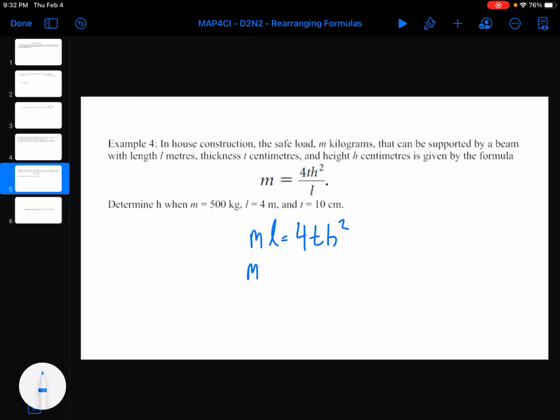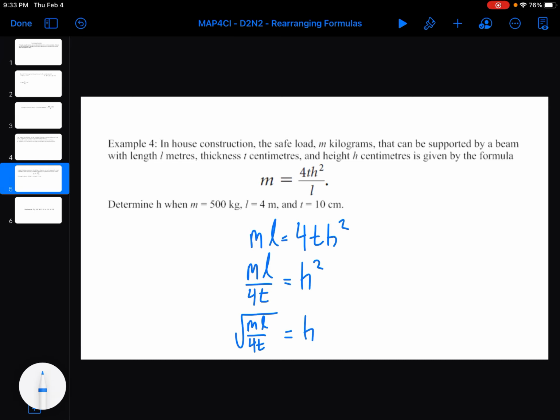So I'm going to get ML over 4t equals h squared. And then I need to square root that whole thing. So I would get the square root of ML over 4t equals h. And now I'm just going to substitute all my numbers in here and solve.